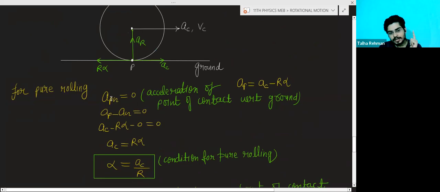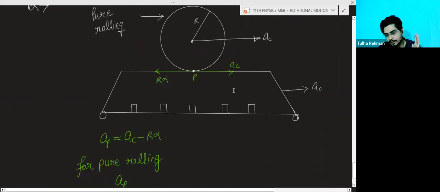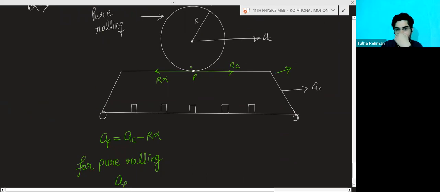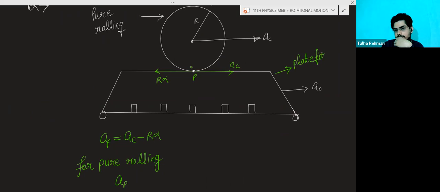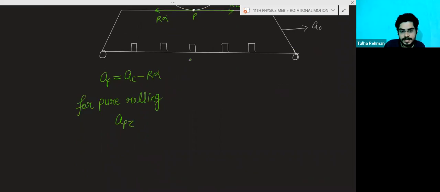But now the body is rolling with respect to this platform. So with respect to this platform, the acceleration of the point of contact should be 0. So this is platform Z. So acceleration of point P with respect to Z must be equal to 0.